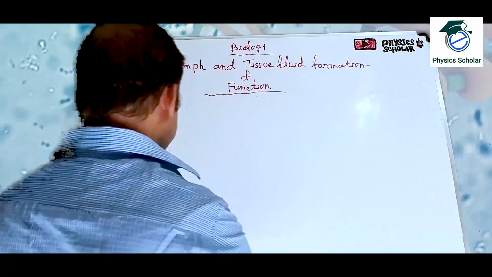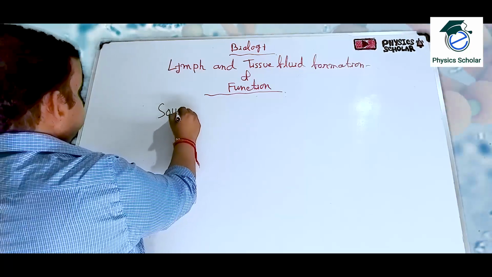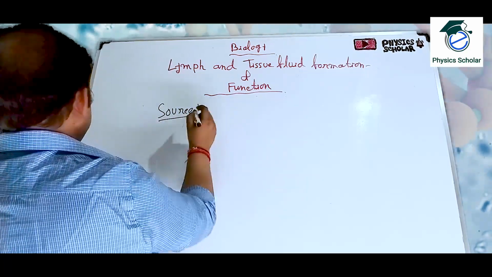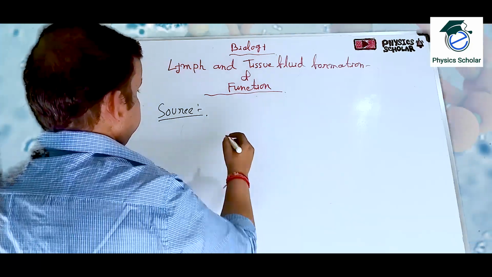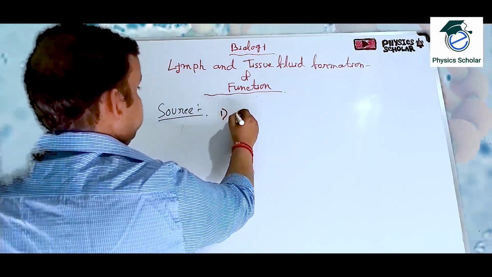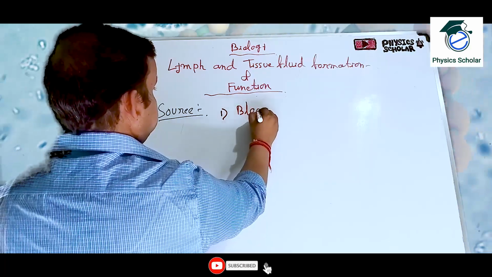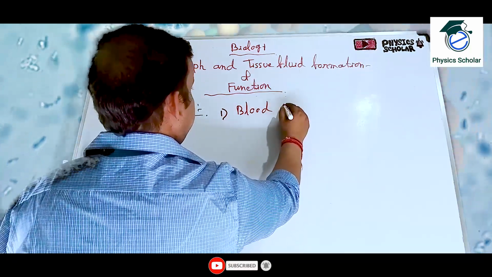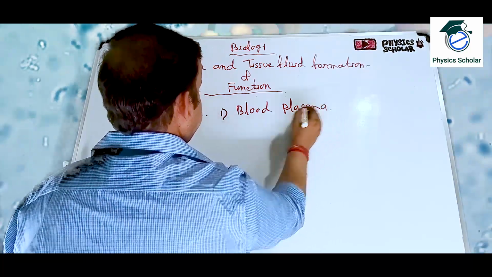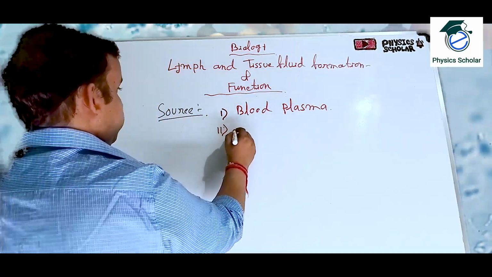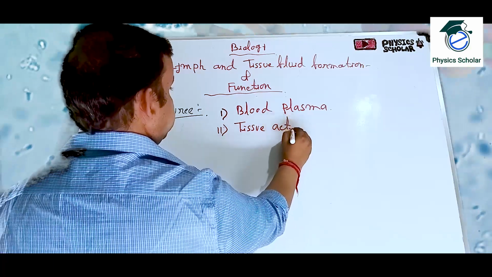So the tissue fluid, its source. The tissue fluid can be developed from two things. One is blood plasma, and another is tissue activity.